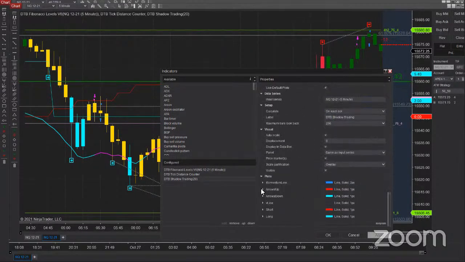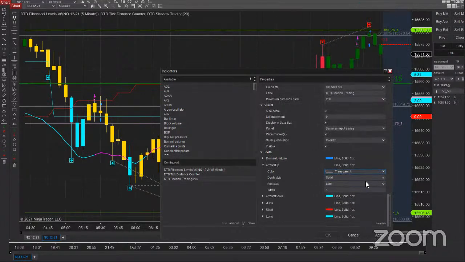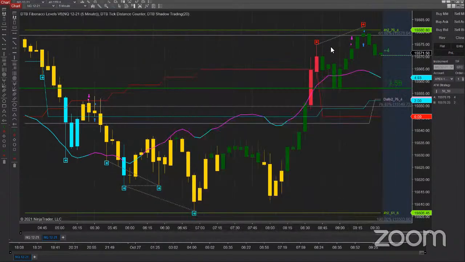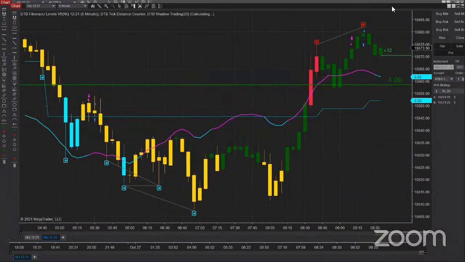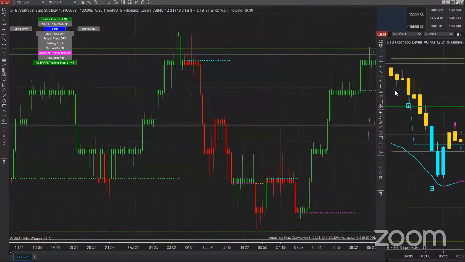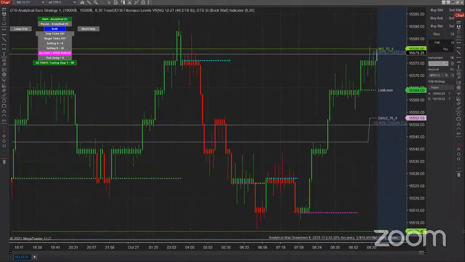Yeah, these plots. Make them transparent if you don't want to see them. I think it's the red and, okay, anyway, I'll close this for now because we're going to see the market open and we'll see what this one does.